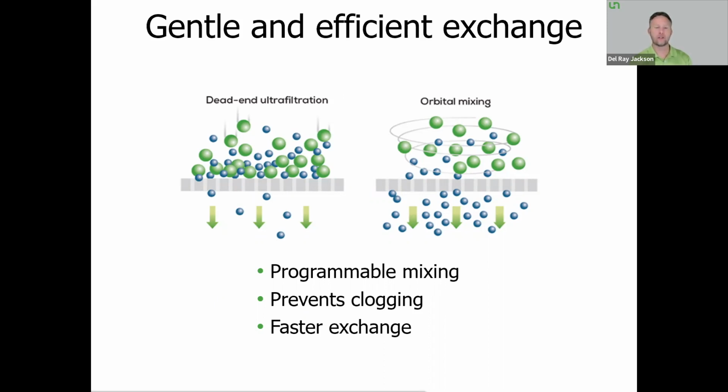So you get an aggregation or a collection of your biomolecules of interest at the membrane interface. Because we apply this gentle orbital mixing with Unagi, we keep your biomolecules in solution, and so they're distributed more evenly across the volume of sample. And this prevents clogging, giving you higher sample recovery, but also it's nice because it's going to give you faster results as well.